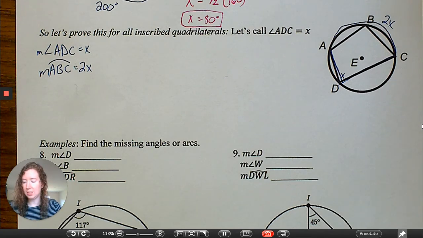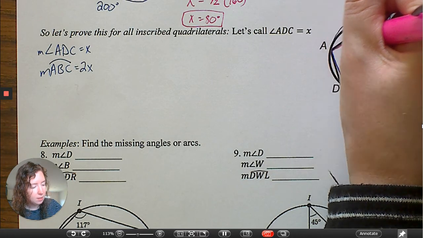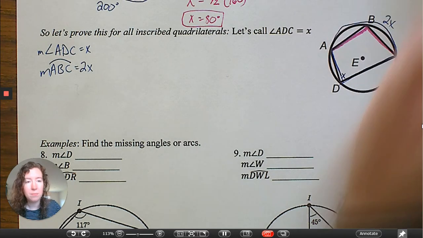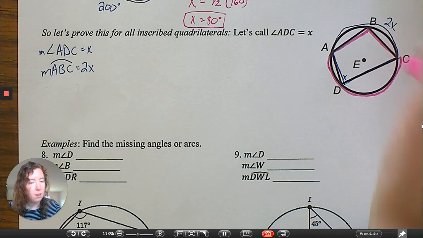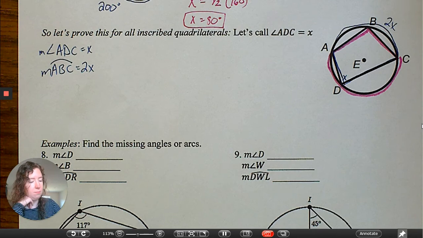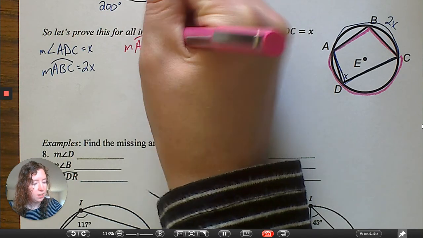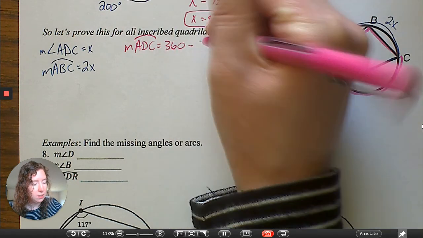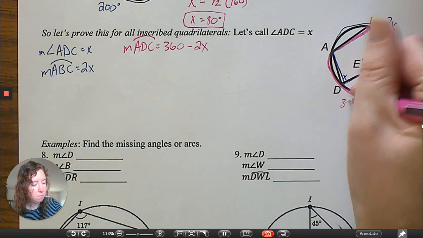All right, so then let's look now at the opposite angle, because our goal here is to show that the opposite angles are supplementary. So if I'm looking at this angle right here, and its intercepted arc, we can say that the measure of arc ADC is going to be 360 minus 2x, because it's what's left of the circle.